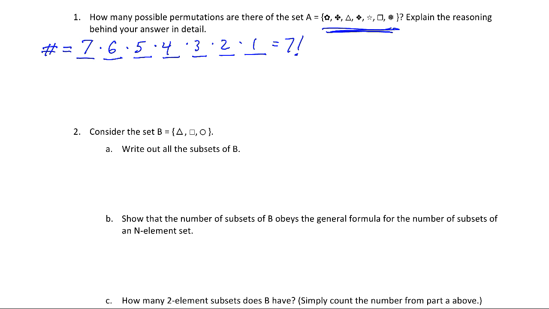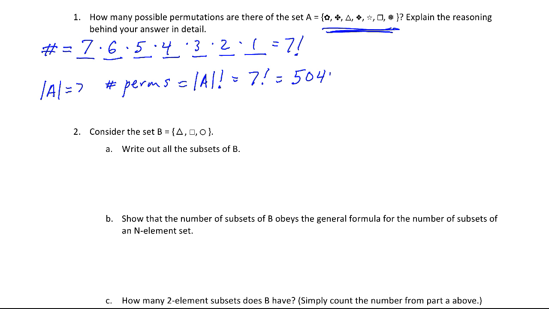And so we can say that if the size of the set A is 7, the number of permutations, following the general formula, is the size of that set factorial, which in this case is 7 factorial, which comes out to 5040. I calculated that earlier on my calculator.